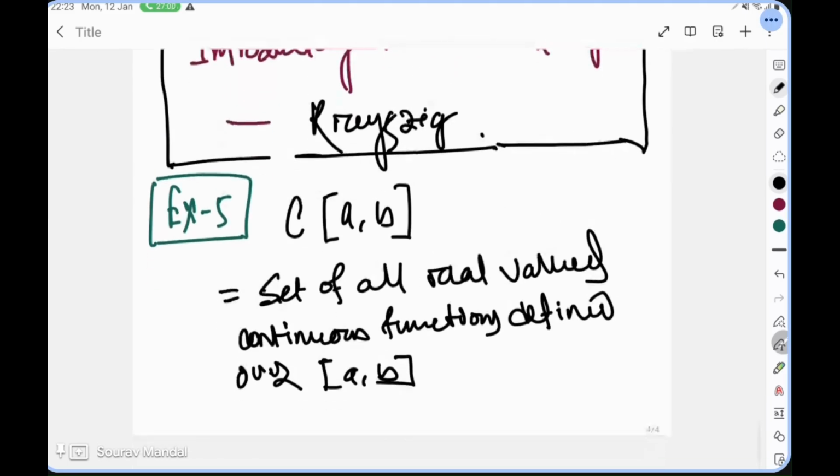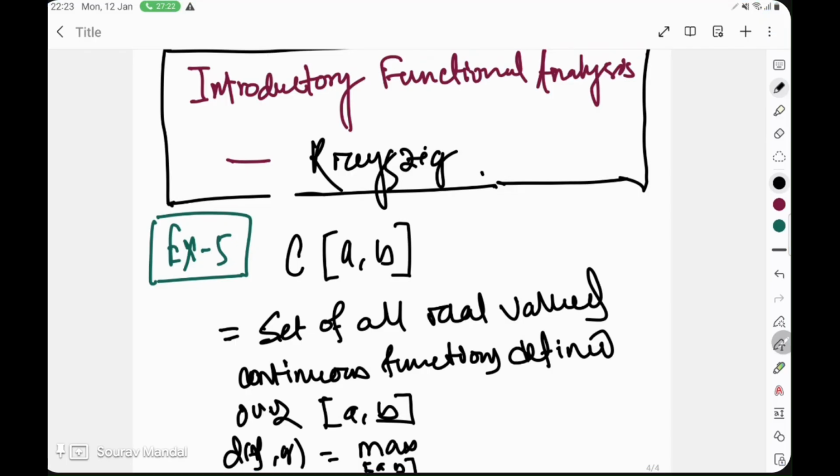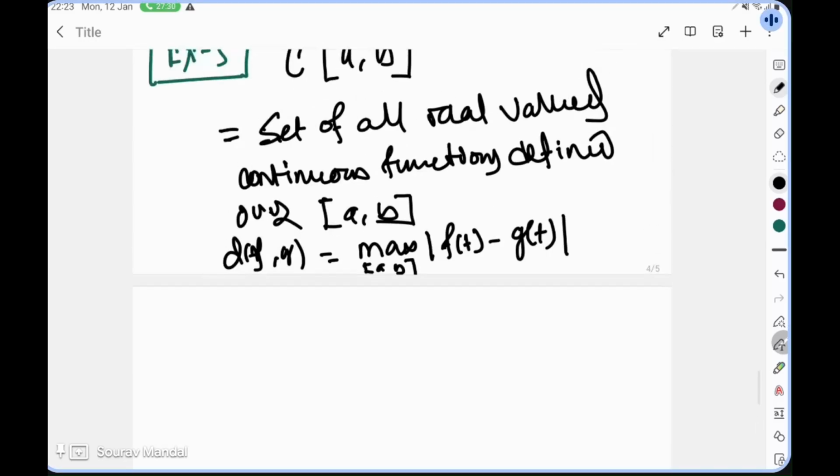And here the metric is defined by, any idea how it is defined? There is the maximum of |f(t) minus g(t)|, and you can define that metric also.